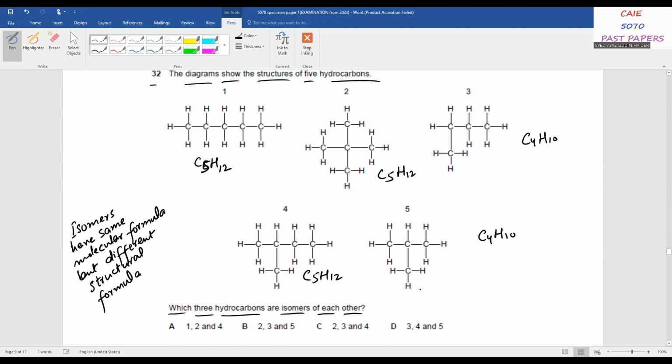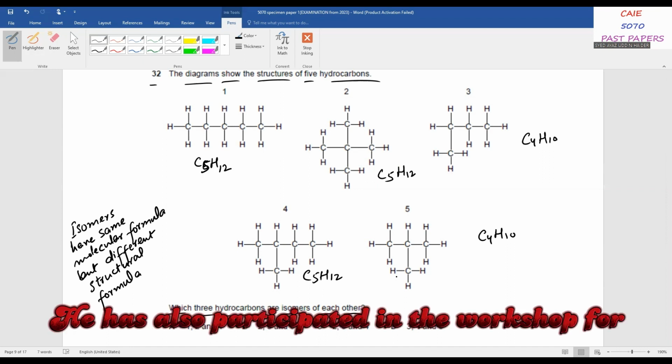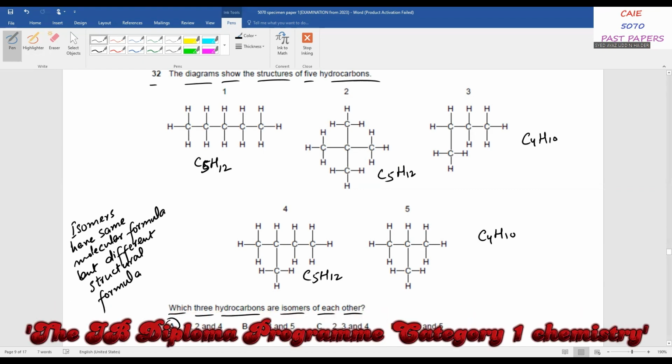So if you look at these structures carefully, we have 1, 2, 4. These are the isomers, and 3 and 5 are also isomers. So if you look at the choices in A, you have 1, 2, and 4. This looks correct to me.